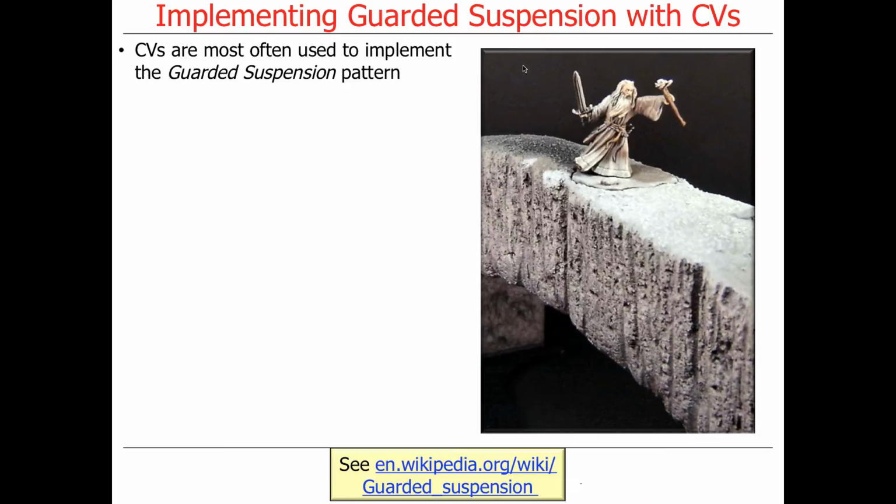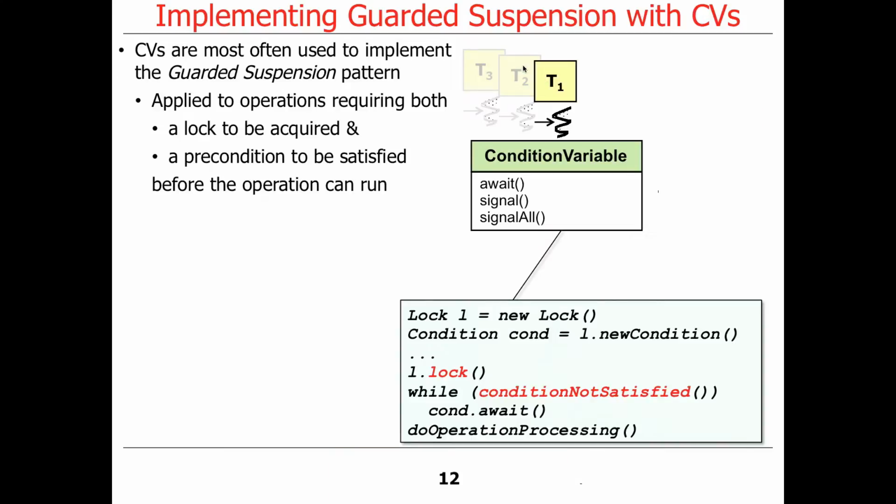This pattern is used when, in order for an operation to run, two things have to happen: a lock has to be acquired, and a precondition has to be satisfied. What guarded suspension says, basically, is put me to sleep until this condition is satisfied. That's what it's all about, and it's really the most canonical way in which condition variables are used.